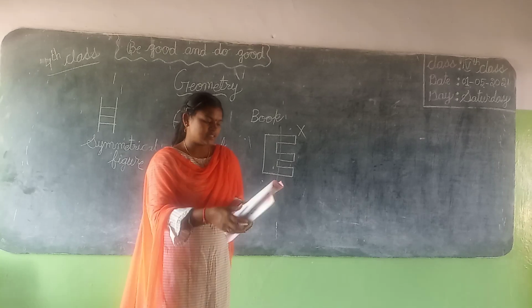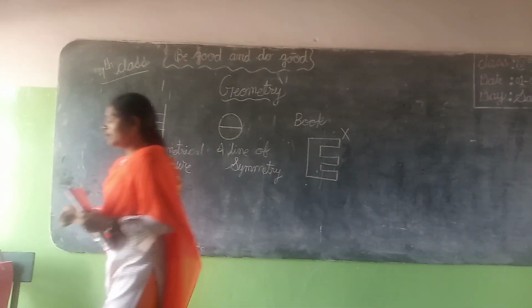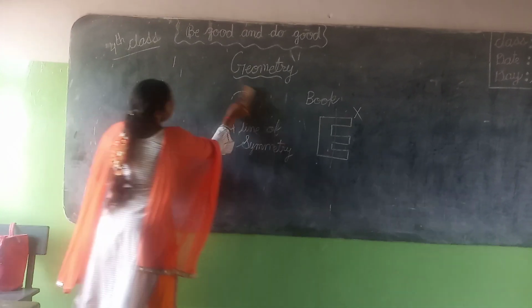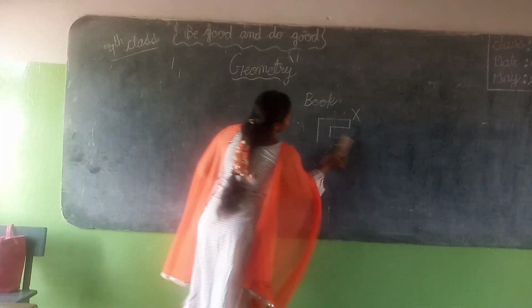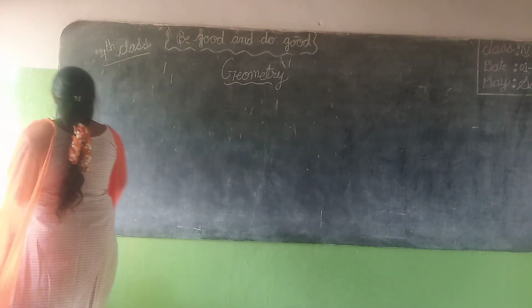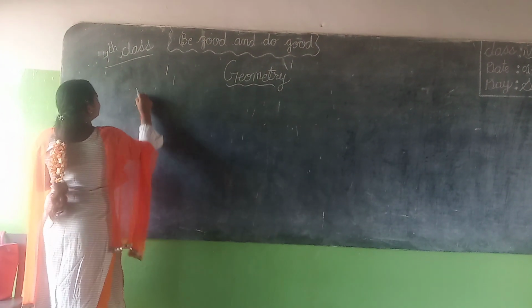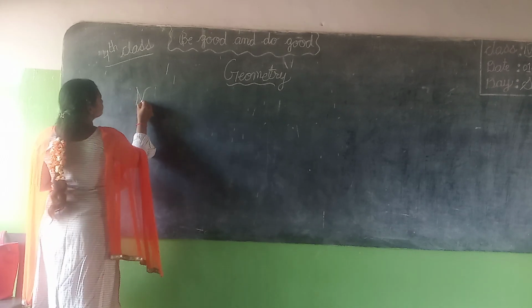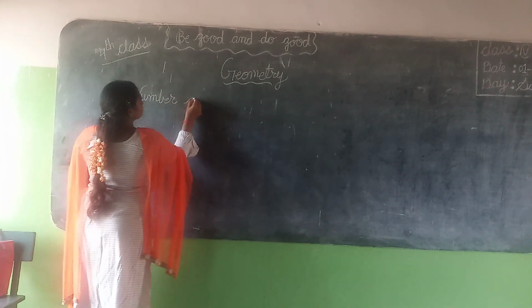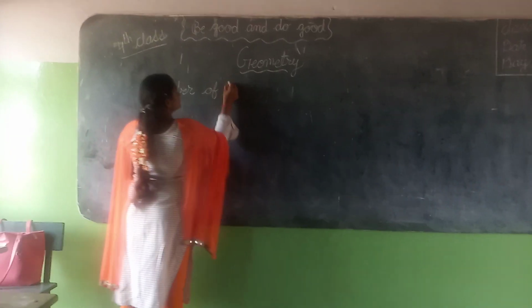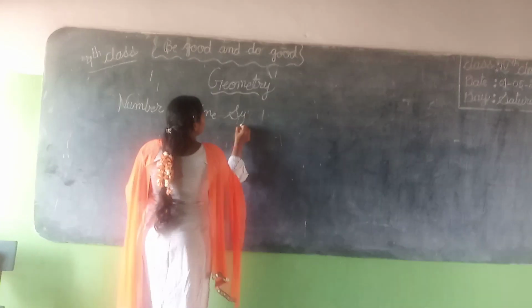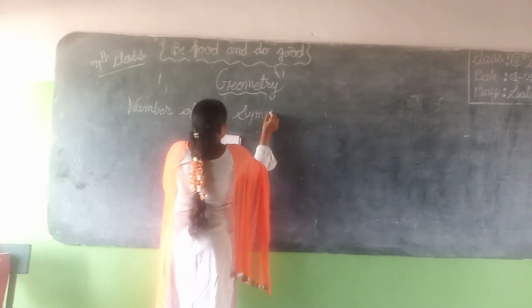Next on that page, number of lines of symmetry. Put that heading, number of lines of symmetry. How many lines of symmetry are given?